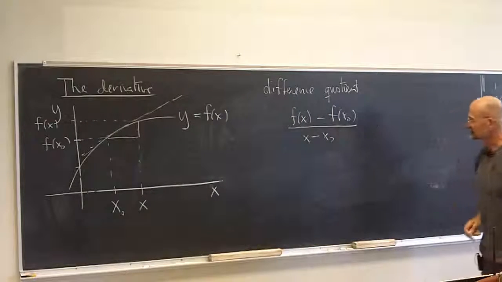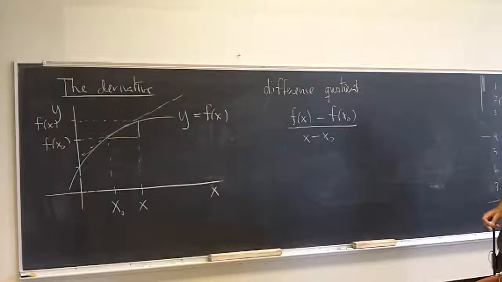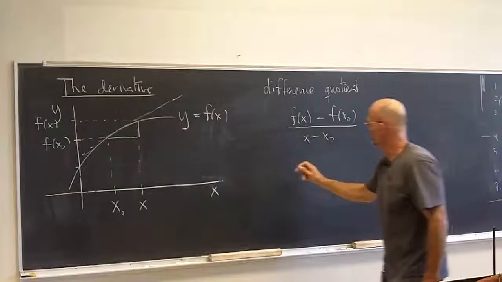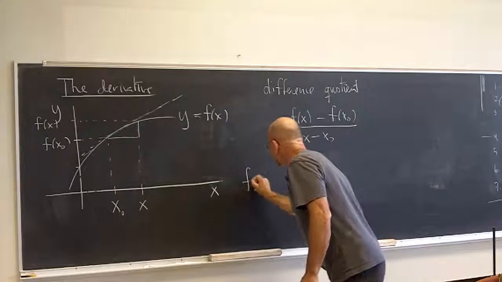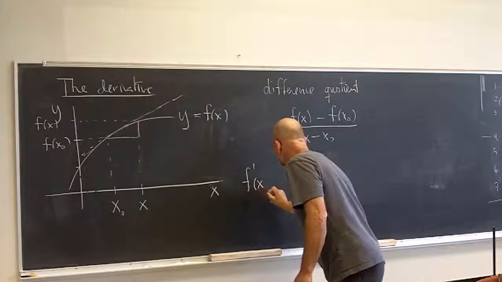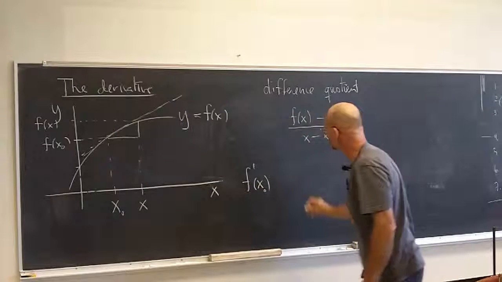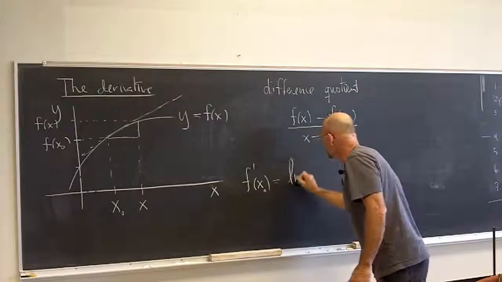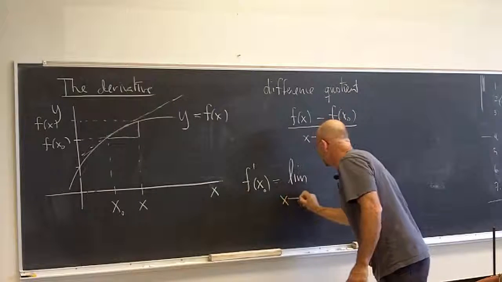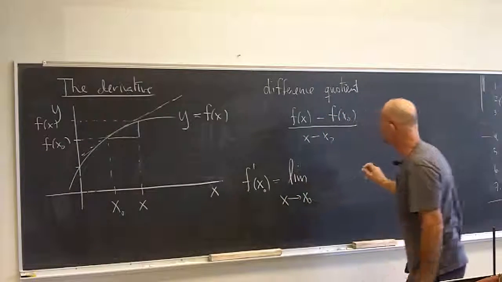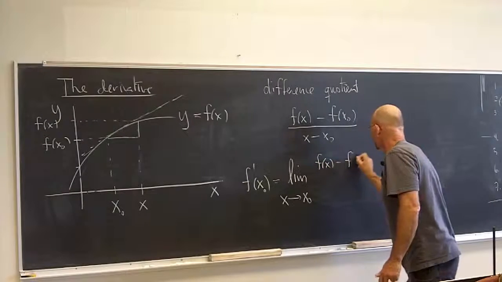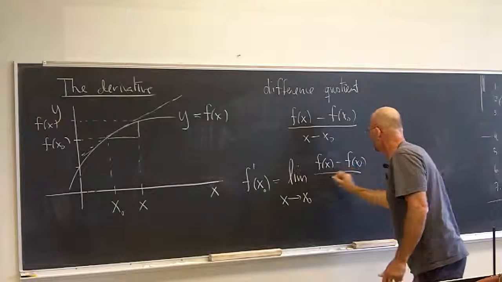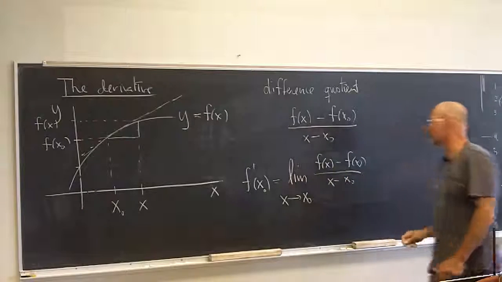Okay. Well, to get to the derivative, we do the following. We'll say f prime of x evaluated at x sub 0 is the limit as x goes to x0 of f of x minus f of x0 divided by x minus x0.